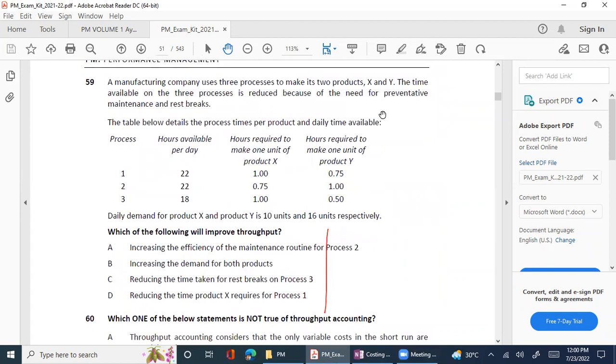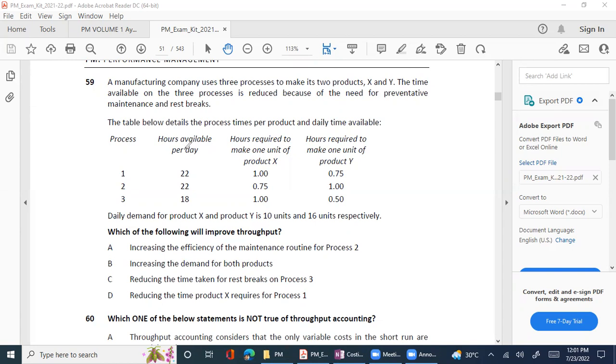So you can also do it in this way. Let's have a reading of question number 59. A manufacturing company uses three processes to make its two products X and Y. The time available on the three processes is reduced because of the need for preventive maintenance.